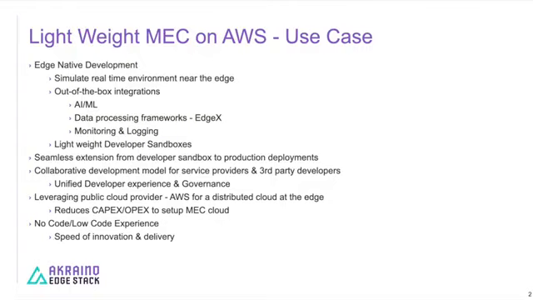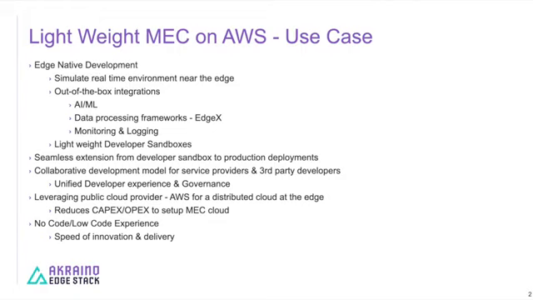And while we do that, we want to make it much more developer friendly. So we bring in a couple of out of the box DevOps tooling and integrations, like AI/ML platforms and tools, so that developers can build intelligent applications, and data processing frameworks like EdgeX Foundry to collate and synthesize data from different IoT devices.